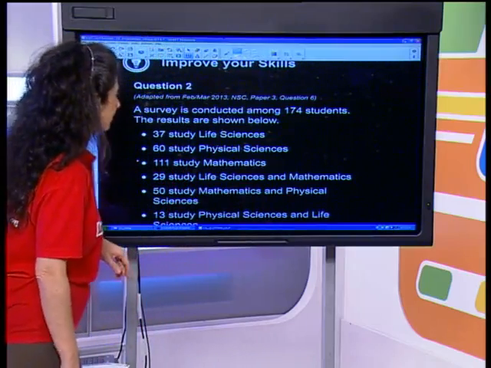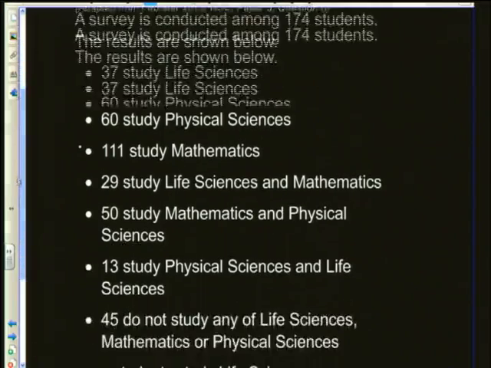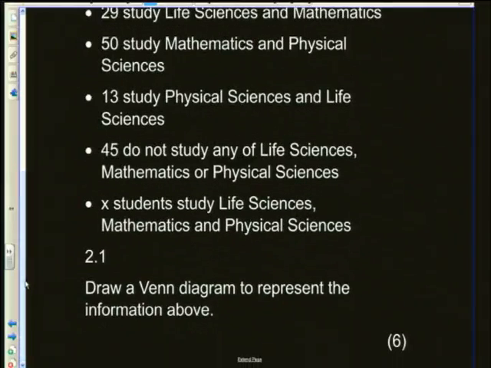A survey is conducted among 174 students, and we've got the following results. Okay, draw a Venn diagram to represent the information. So what often happens is when you do a survey, you've got things that are categorized into certain sets, if I can call it that, and we now want to demarcate how these sets are working.